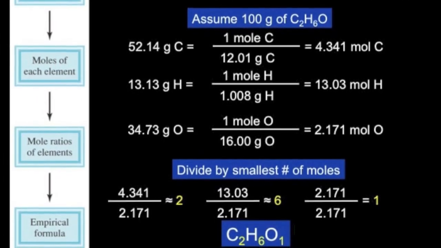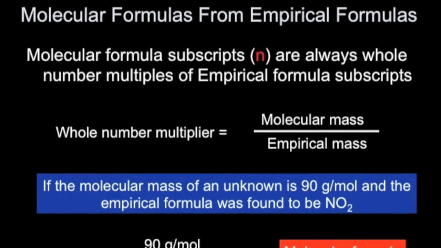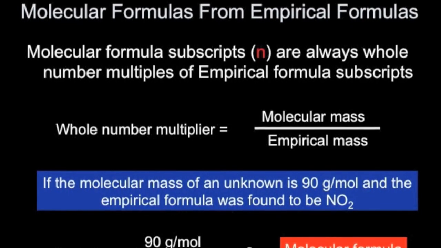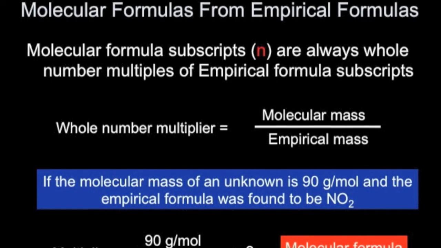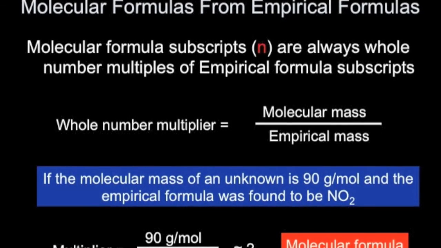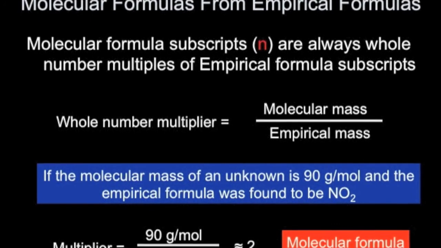So if we have the information about the molecular formula, then we can take this simple whole number conversion based on the molar ratio to get from the empirical formula to the molecular formula. So we're just going to take that molecular mass, the one that we know, divided by the empirical mass that we just found.